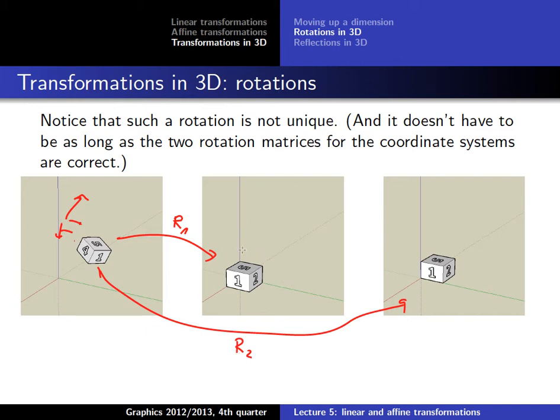And now we are applying this rotation around Z. And of course, we end up in a different position. But when we apply the inverse transformation here, R2 inverse, or R1 inverse, of course, we end up here at the correct position, which is the rotation here.